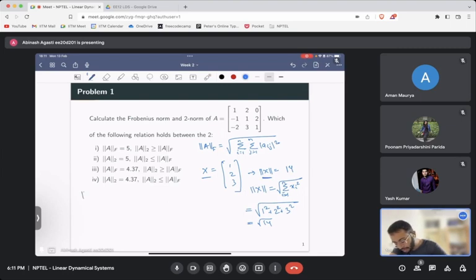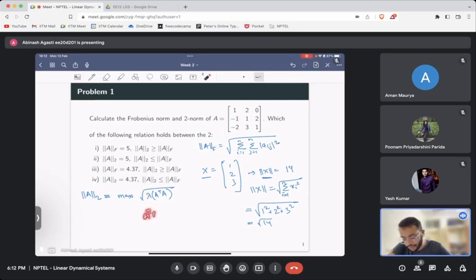And similarly, a norm which is termed as a two norm is defined for matrices as follows: maximum of root of lambda of A transpose A. What this lambda of A transpose A means is we want to find out the maximum among all eigenvalues of the matrix A transpose A, under the root.